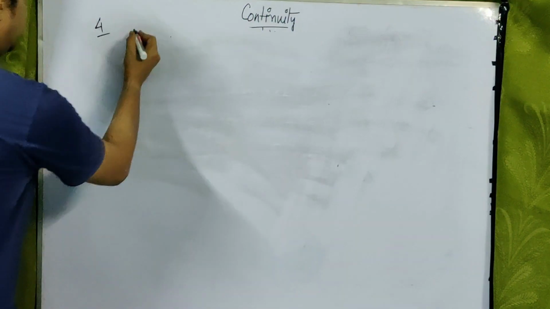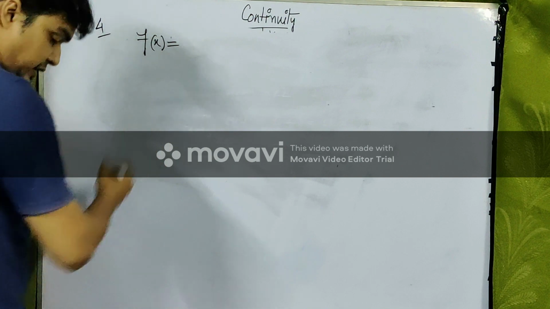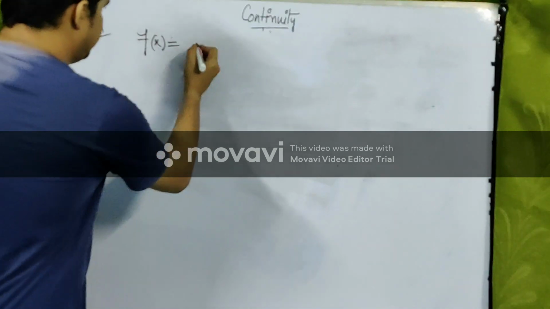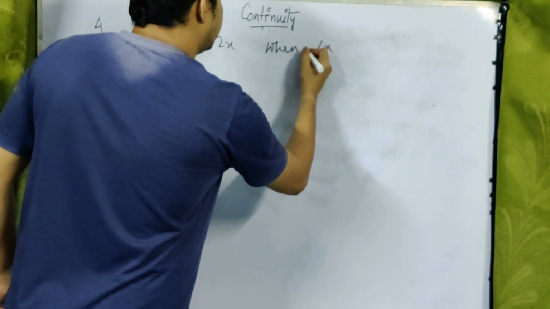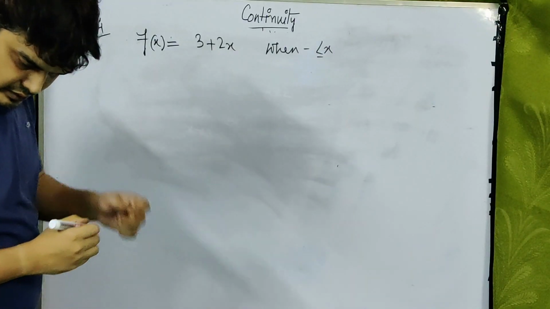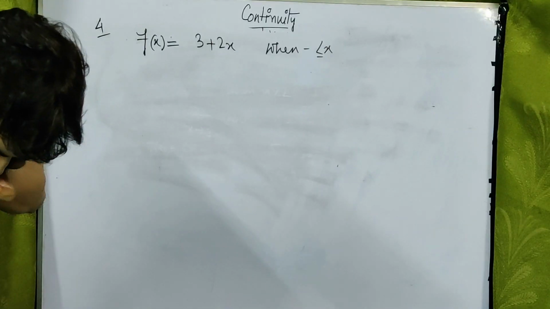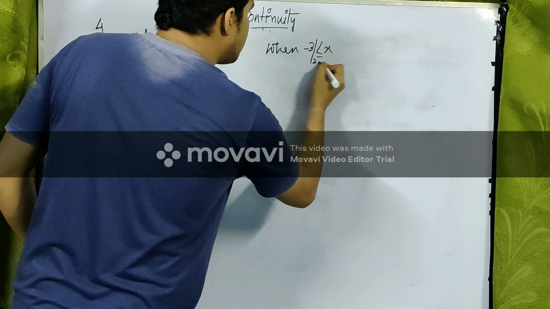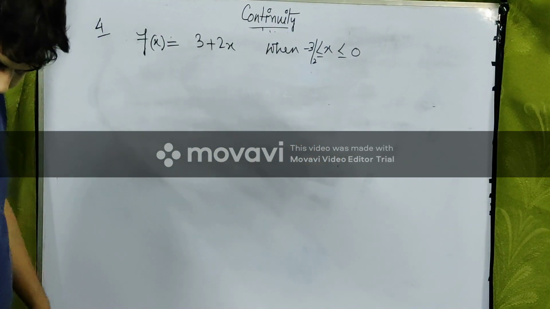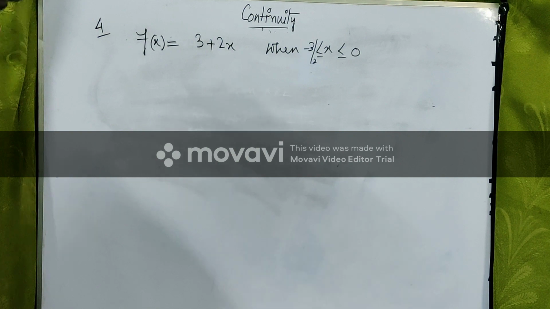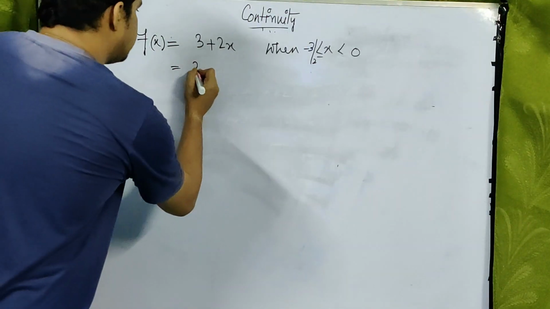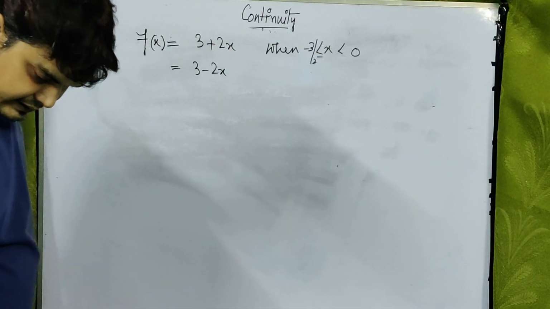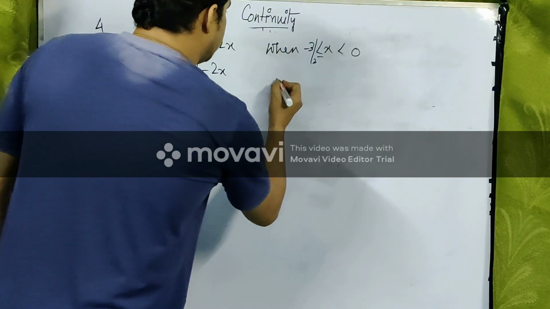Question number 4. In question number 4, we have a function f(x) equals 3 plus 2x when x is greater than minus 3 by 2 and less than 0. f(x) equals 3 minus 2x when x is greater than or equal to 0 and less than 3 by 2.